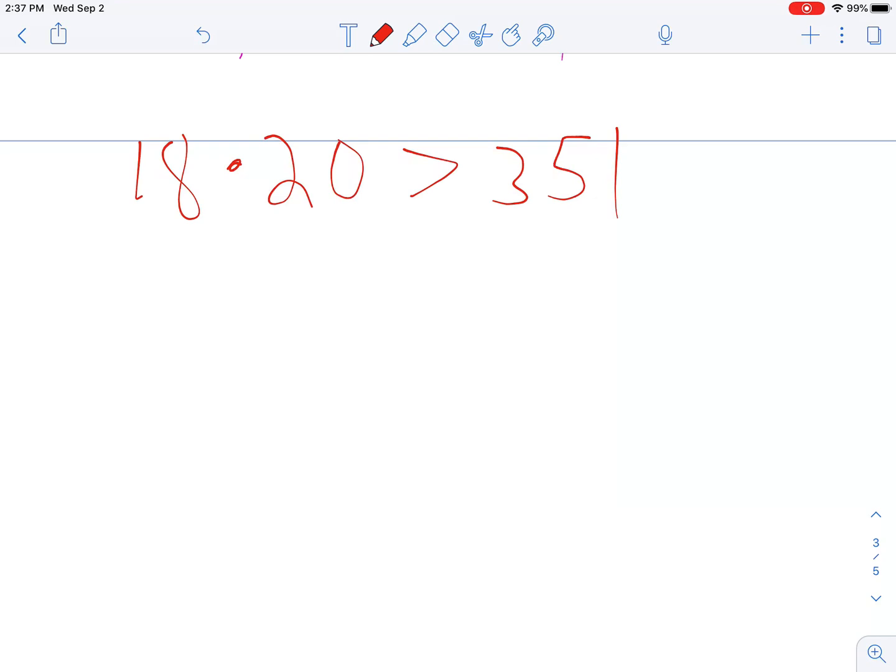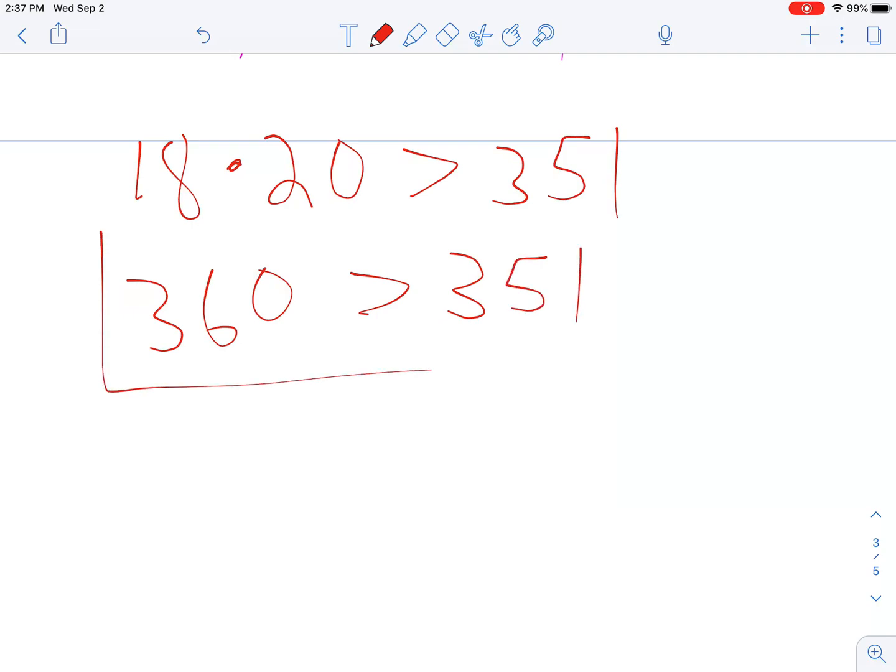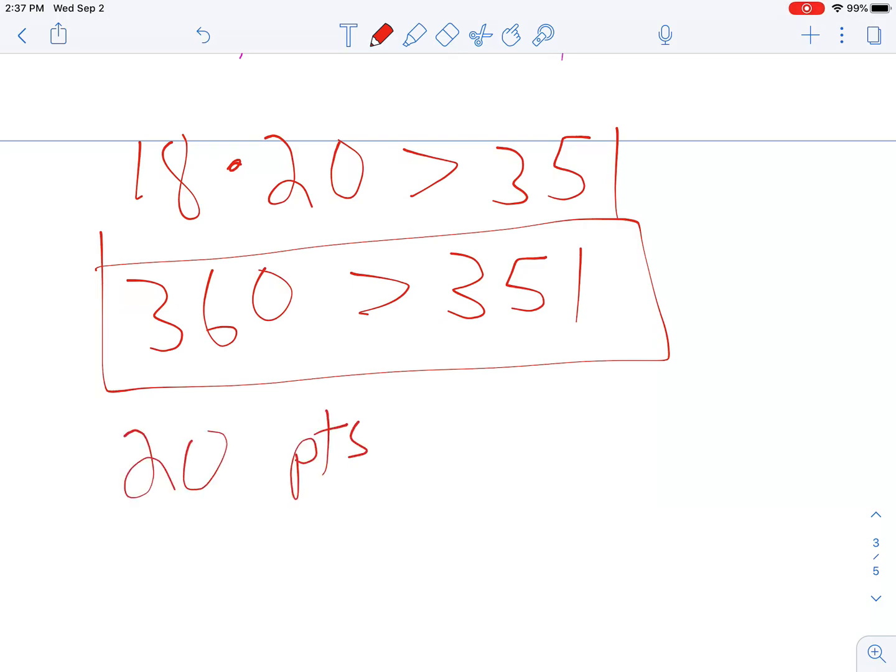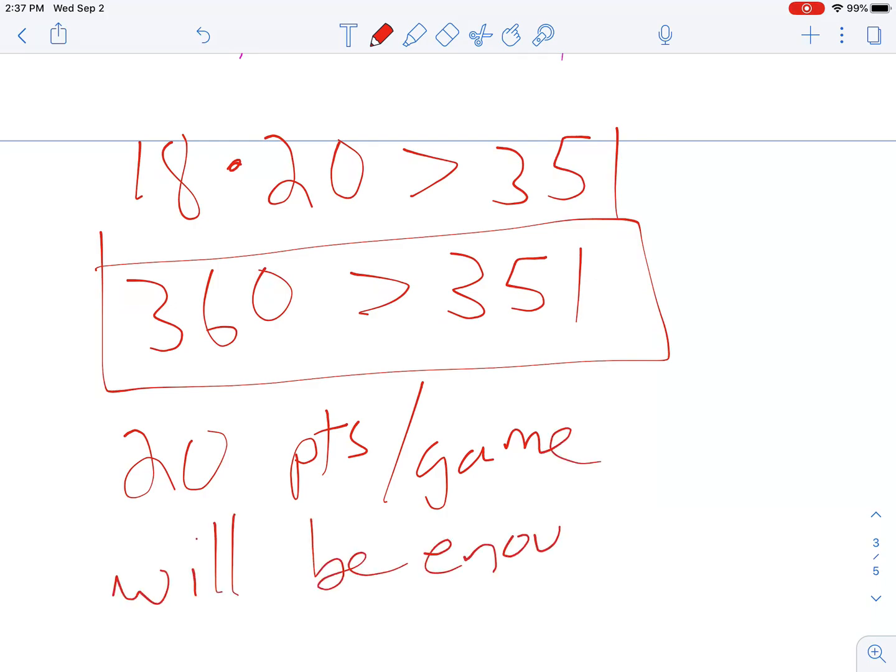Well, in your calculator, if you type in 18 times 20, you're going to get 360. And last time I checked, that is a true statement. So 20 points per game will be enough.